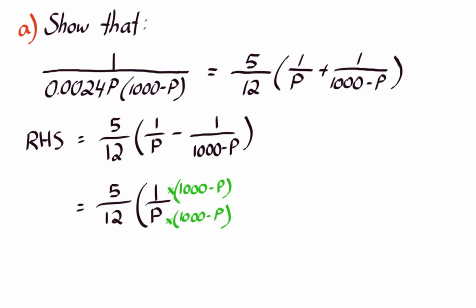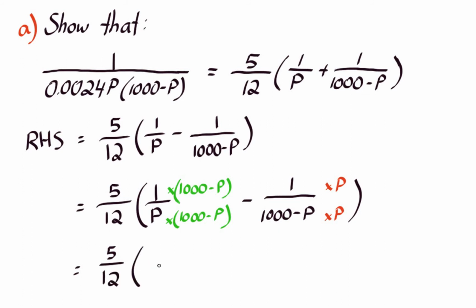And then for the second fraction, the 1 on (1000 minus P), we're going to multiply it by 1 as well. But the way in which we'll write 1 is we're going to multiply by P on P. So we can see by doing this, we will get a common denominator of P times (1000 minus P).